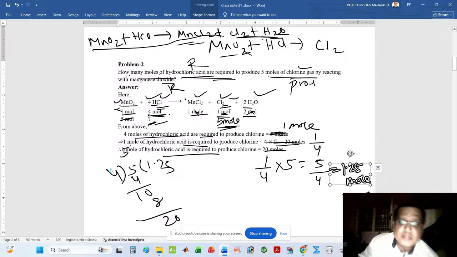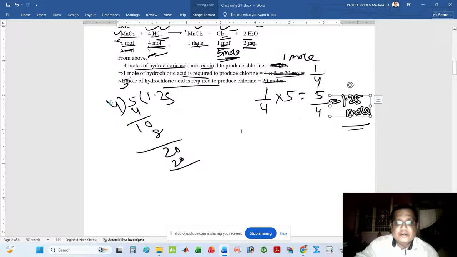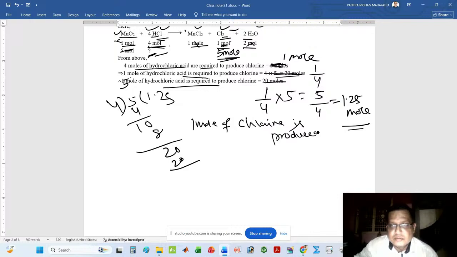5 mole. Again here I want to change. Again I want to check here. I can write 1 mole of chlorine is produced by using 4 mole of HCl.